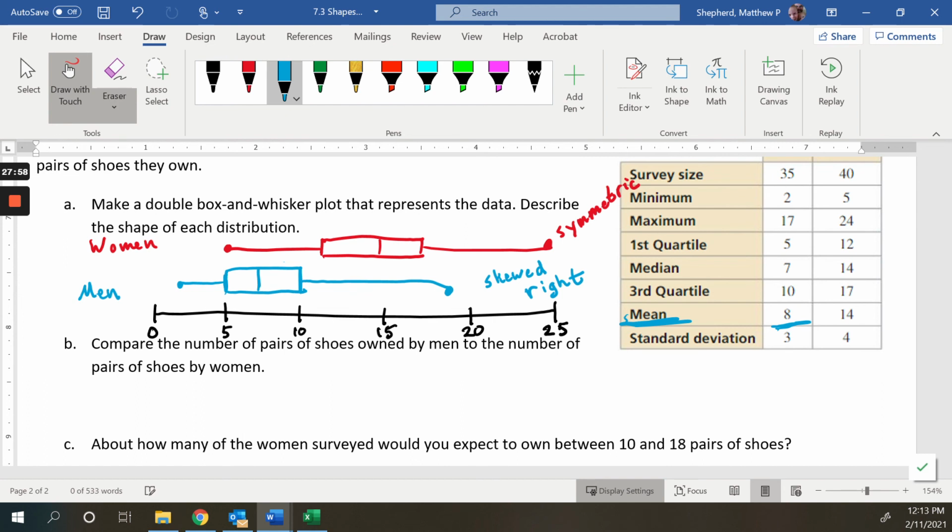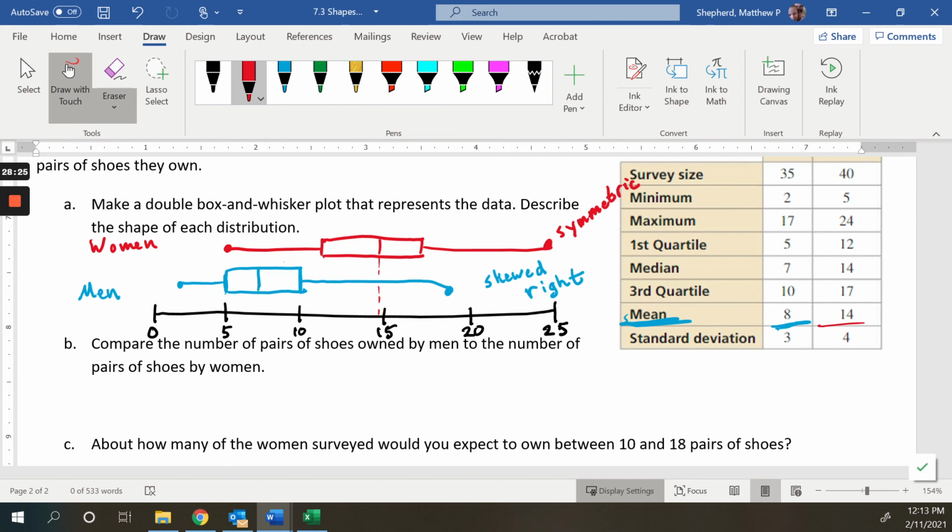However, with the women, because it was more symmetric, the mean was at about 14, which is exactly where our median was. With symmetric, mean and median are going to be about the same. With skewed, the mean is going to be further in the direction of the skew.